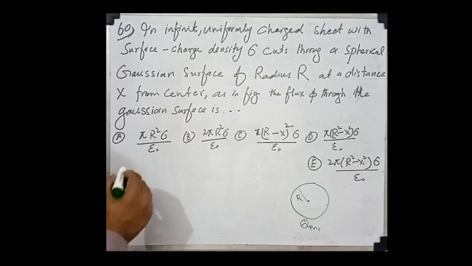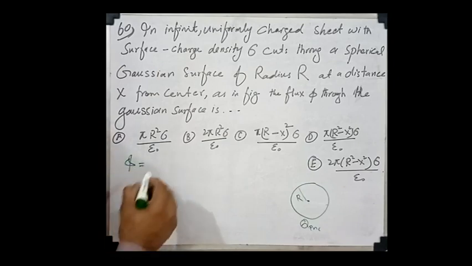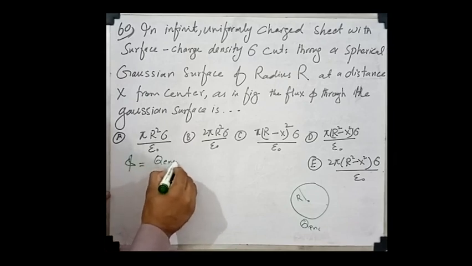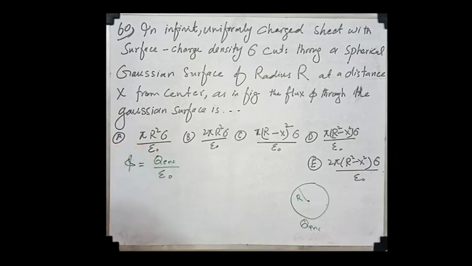The surface charge distribution is sigma. So the flux, according to Gauss's law, is always the charge enclosed divided by epsilon naught. This is the flux through any Gaussian surface.